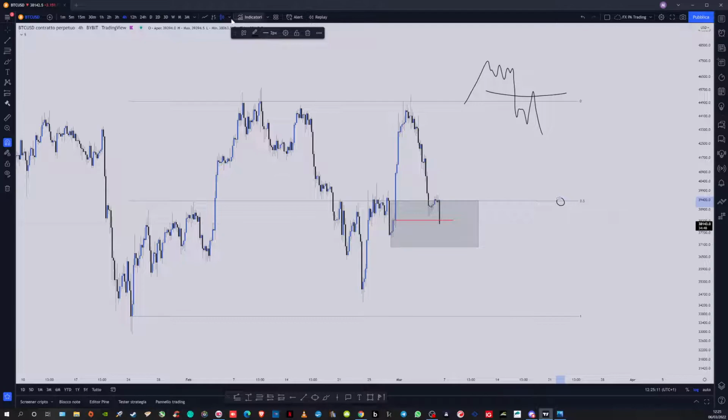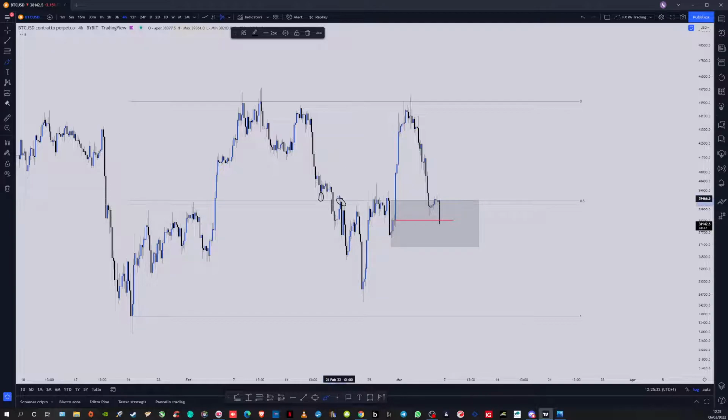Or, it's not my favorite thing to do, honestly, but you could take the midpoint of the range as a reference point, like in this example right in here. You have it tested from the upside, then you have a break, a retest from the opposite side, and continuation.